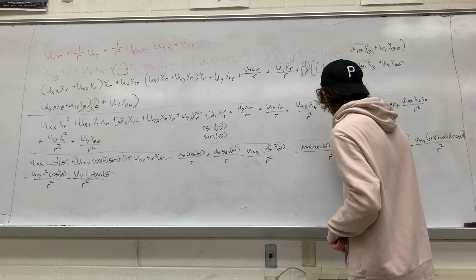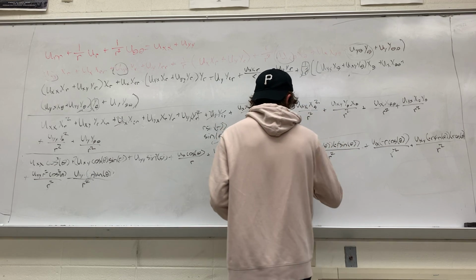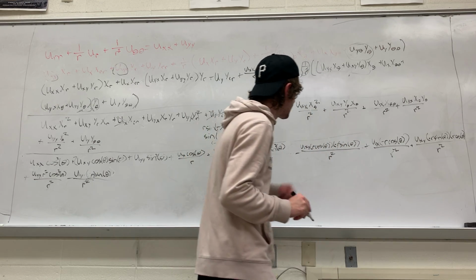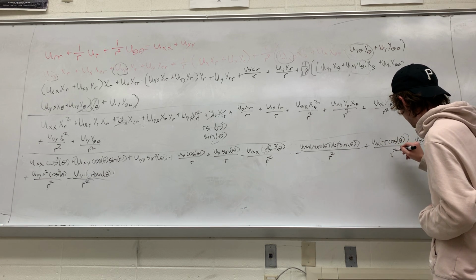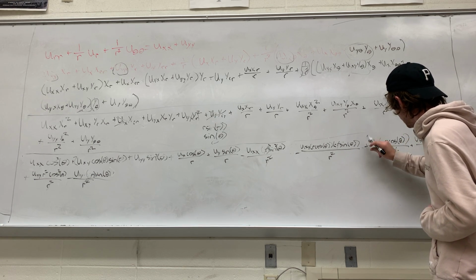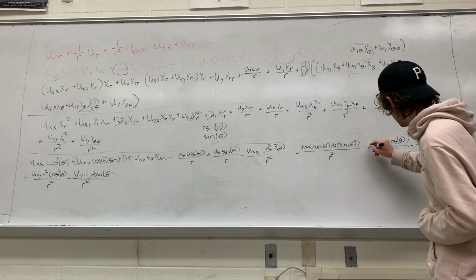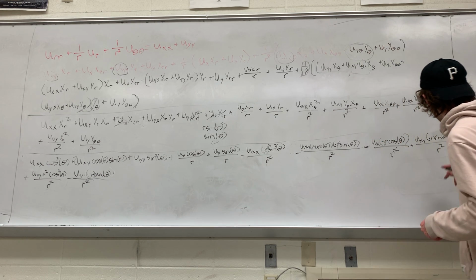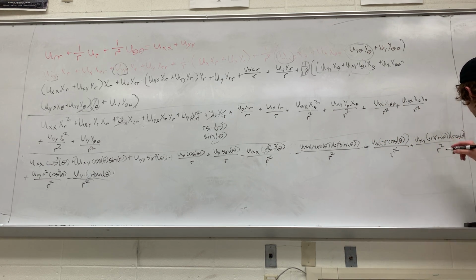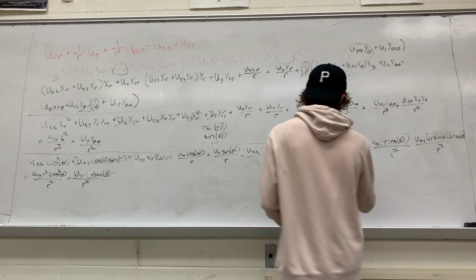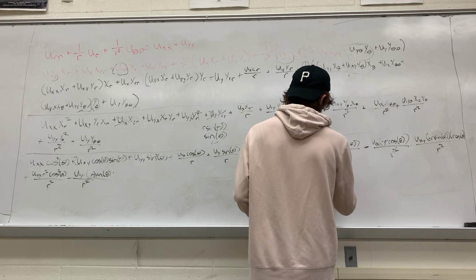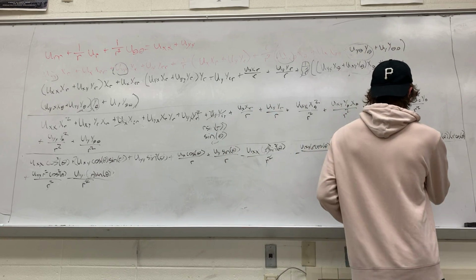Similar thing over here, those cancel out. This turns into a subtraction sign, and then also, again, these cancel out. This turns into a subtraction sign, and then these cancel out. Also, this cancels out over here.